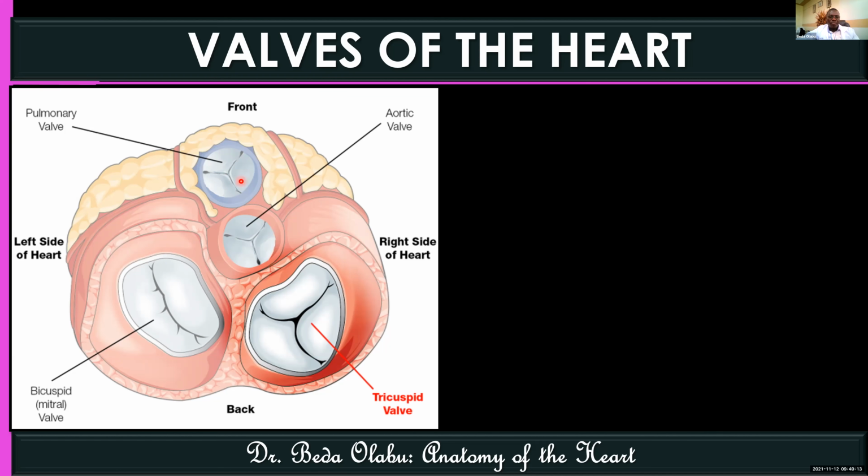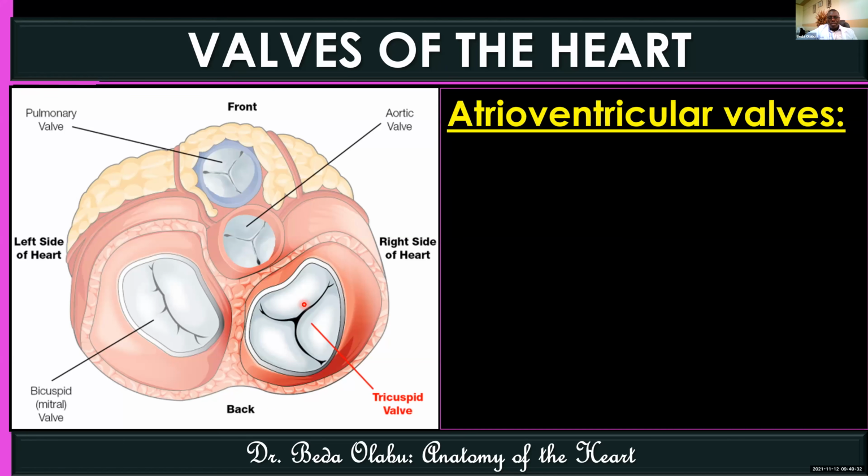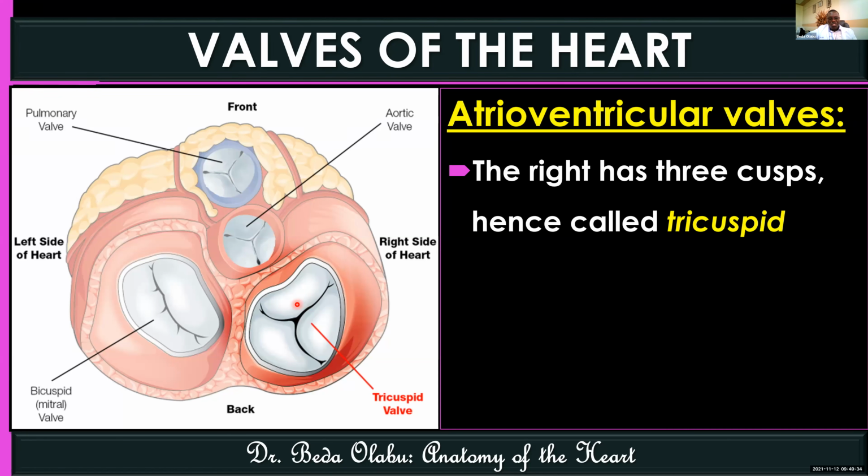So we see the valves which give you the Mercedes-Benz sign, the pulmonary valve and aortic valve. Then this is the left atrioventricular valve, and this is the right atrioventricular valve. The right atrioventricular valve has three cusps, and that is why we call it the tricuspid valve.